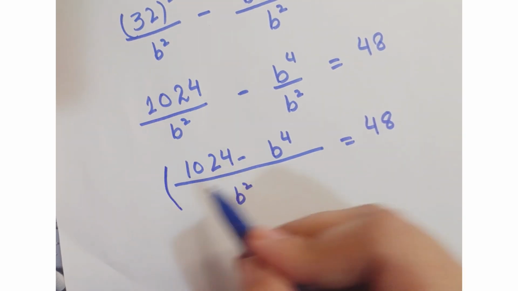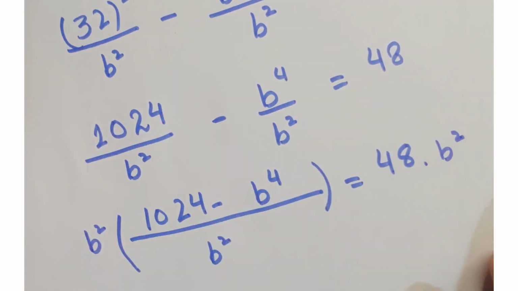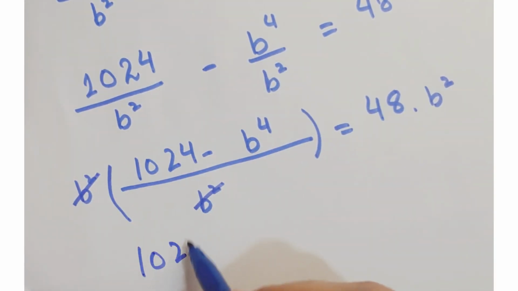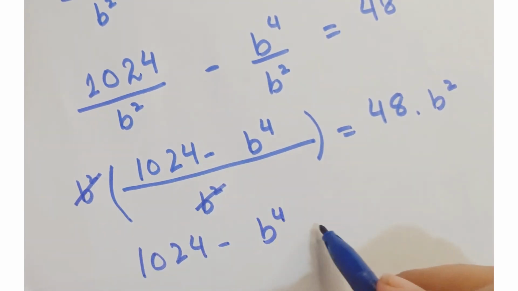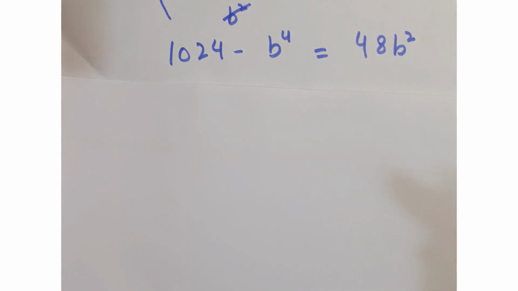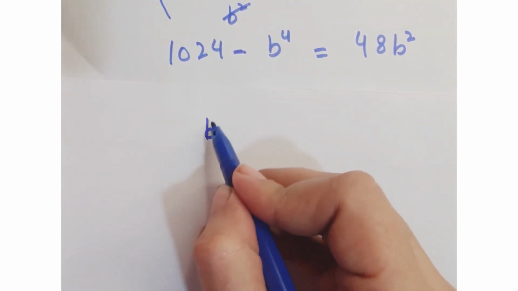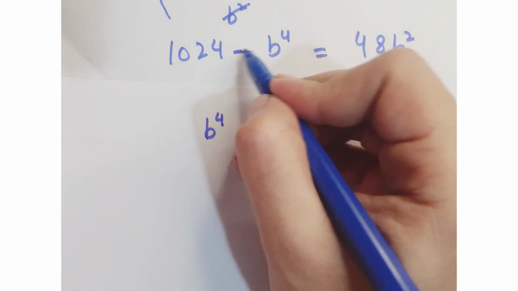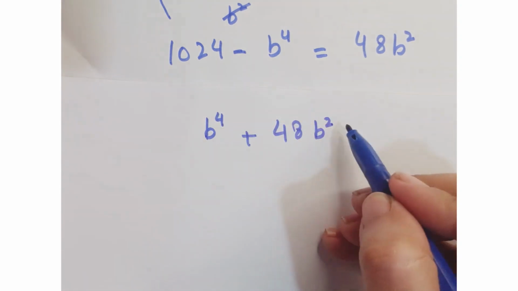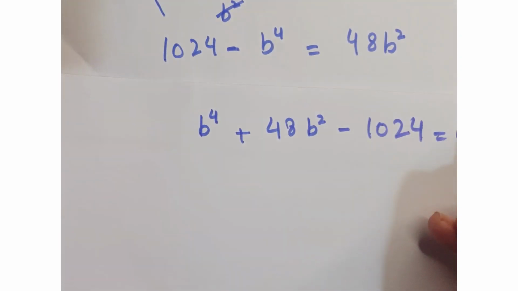Now multiplying both sides with b square, so this b square and this b square get cancelled, so you get 1024 minus b to the power 4 is equal to 48 b square. Further, take b to the power 4 to the other side, so the sign gets changed: b to the power 4 plus 48 b square minus 1024 is equal to 0.